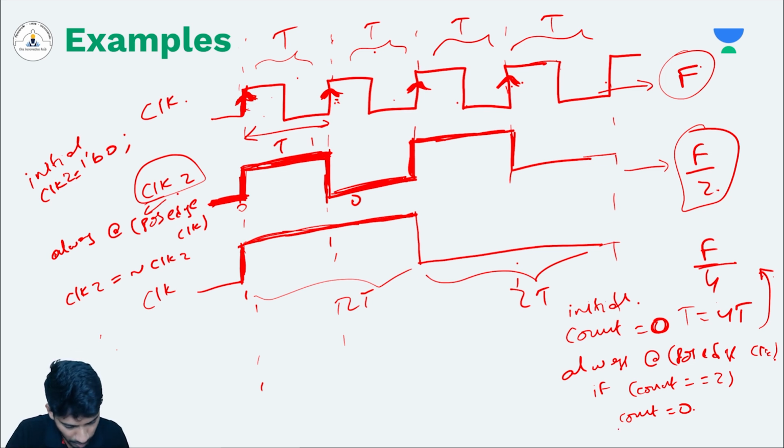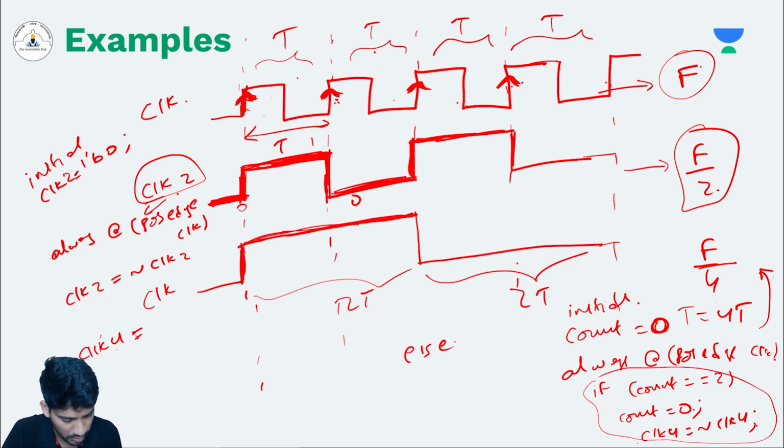And my clock, let's say this is clock 4, which is my f by 4 clock, should be flipped, right? If this is not true, then else start counting: count is equal to count plus 1.